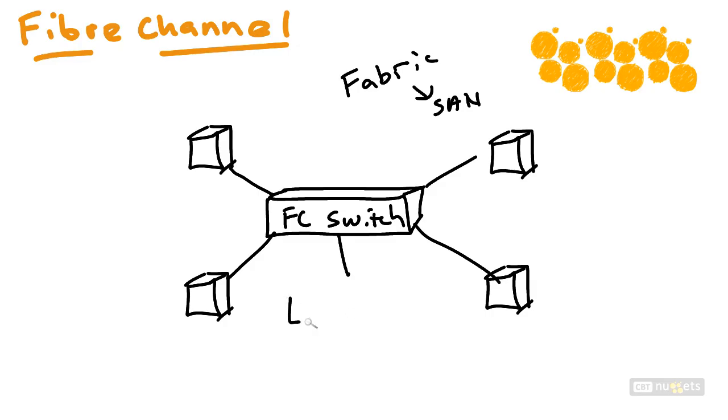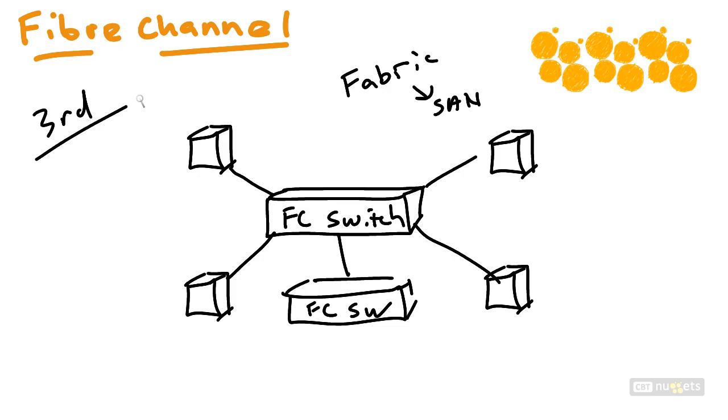And think about it. As you need to scale, you can go ahead and plug your Fibre Channel switch into another Fibre Channel switch, just as we would do in a local area network type of environment. So this third generation switched fabric topology is what we're so excited about today, and what Cisco certainly built upon with great inventions for Fibre Channel with their MDS line of storage area network equipment.